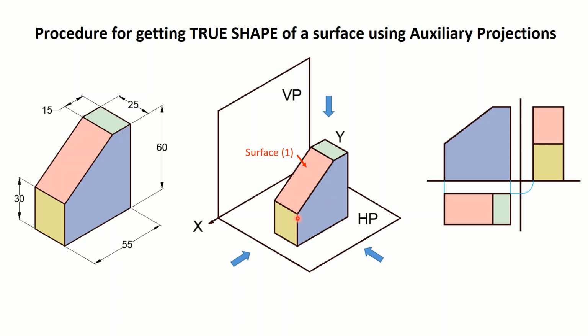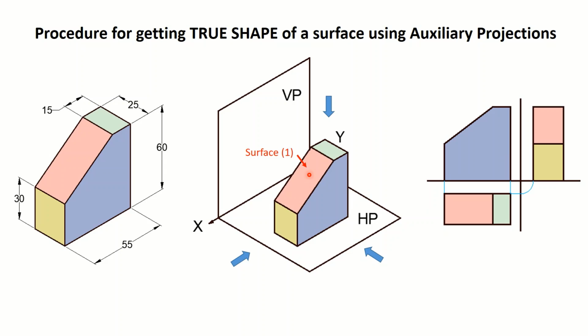But what happens to this inclined surface, which is surface 1? This surface is not parallel to VP, it is not parallel to HP, it is not parallel to the profile plane. So although it appears here in the top view, and also here in the side view, none of these two views gives the true shape of this surface, because surface 1 is not parallel to HP and it is also not parallel to the profile plane.